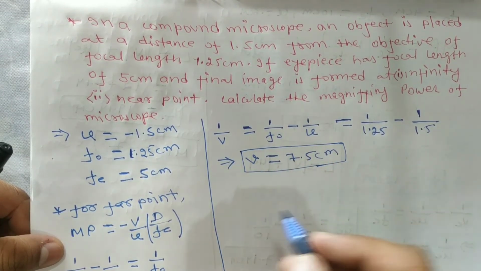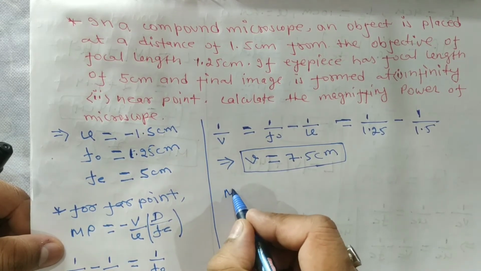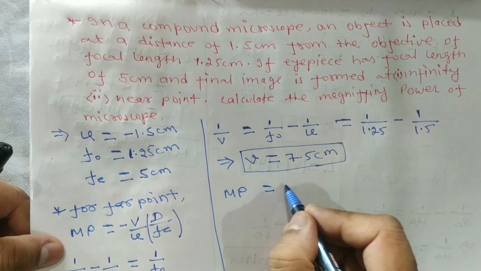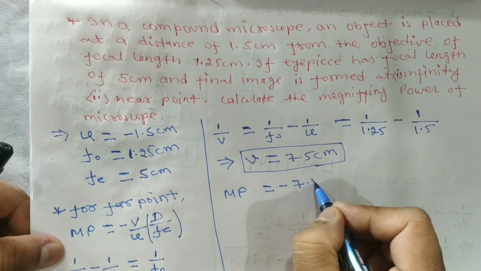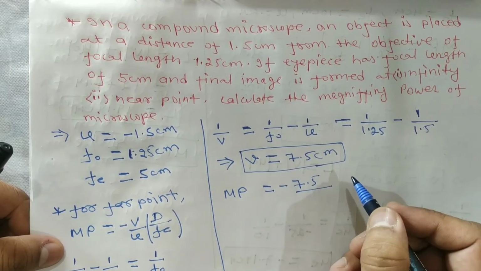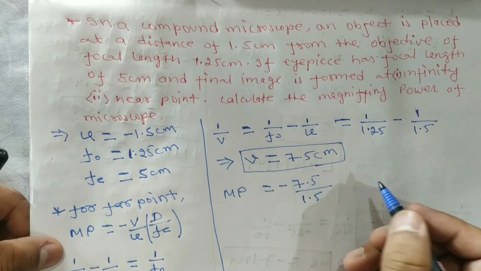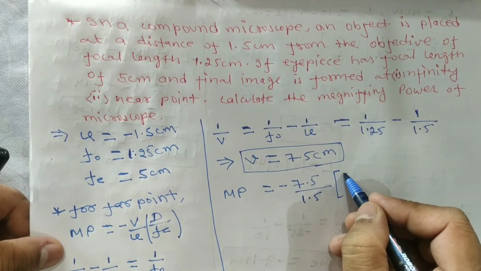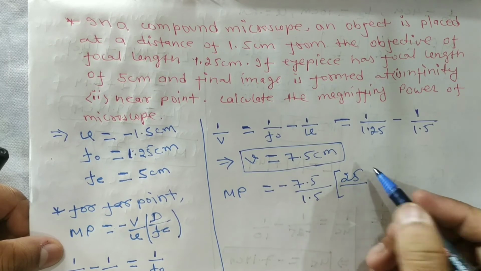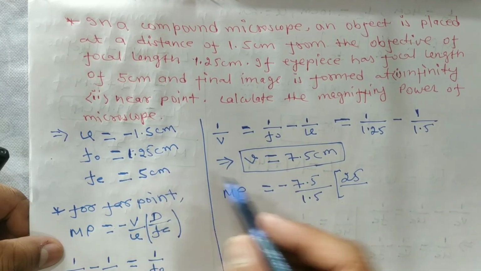So MP will be minus 7.5 upon u, 1.5, and d is 25 and fe is 5.